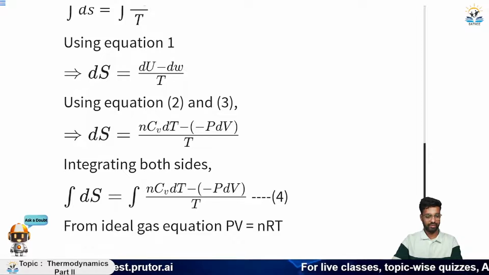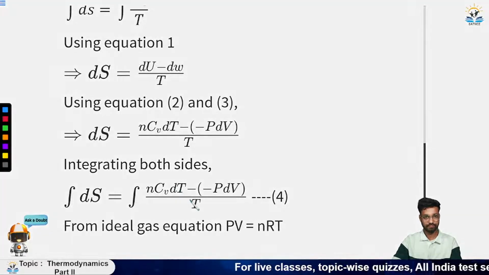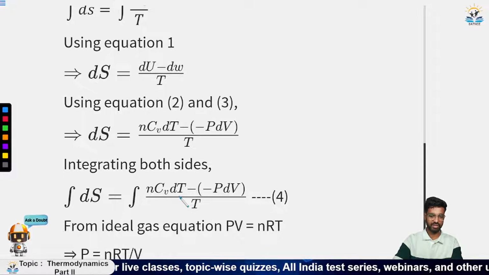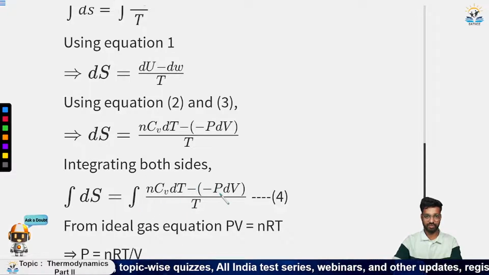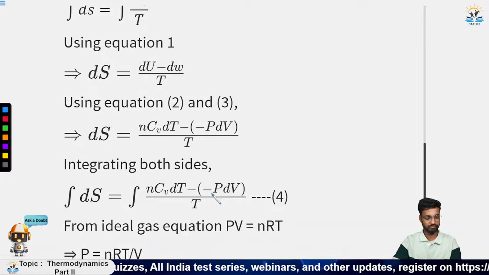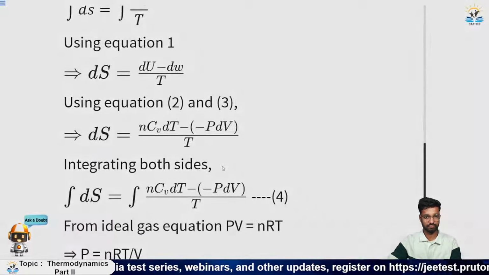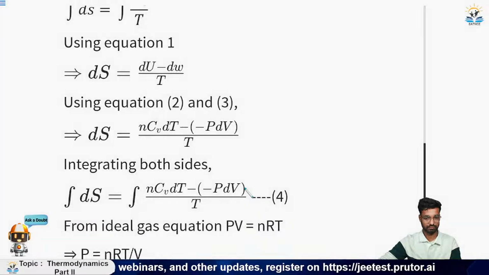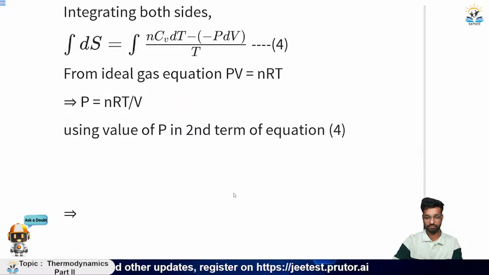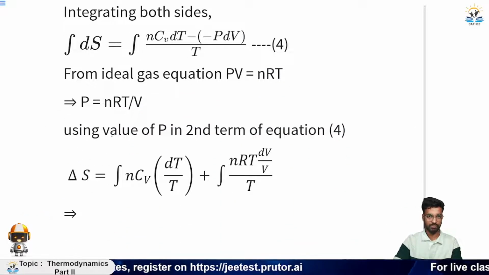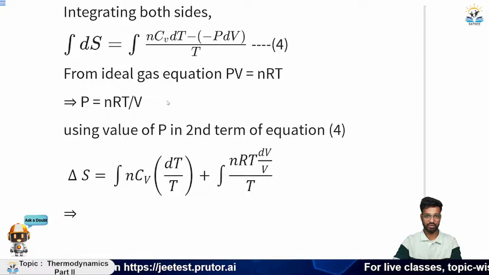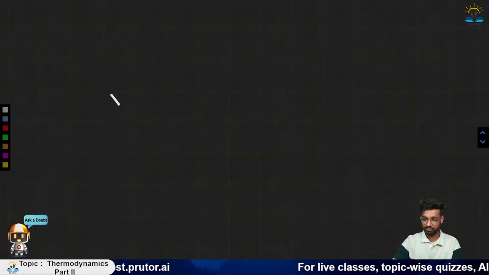Now, if we write it here, we will put this formula here. P is equal to nRT by V for P. So we have just put this apart. So let me do it clearly for you.